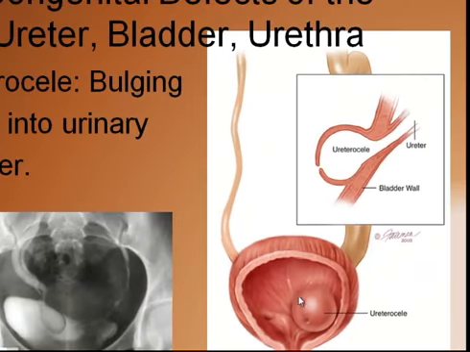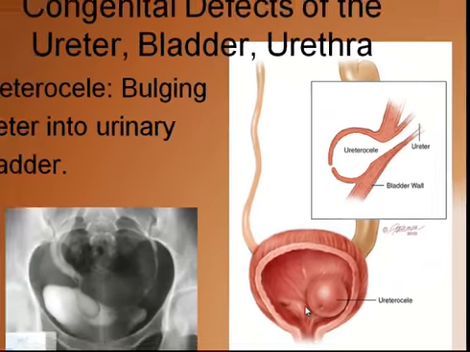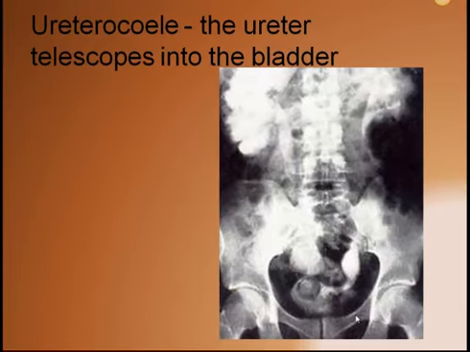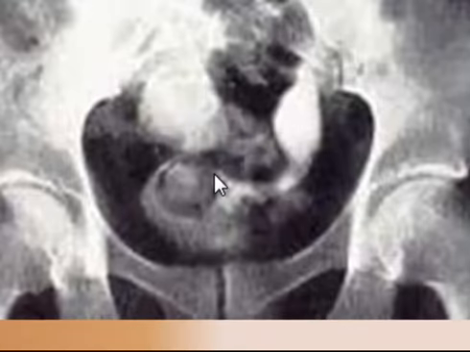So you can see on the graphic right there, it's almost like it's bulging through. That's the ureterocele. Okay. Now, here's another one. This is a pretty wretched looking image here, as you can tell, but you can see there's this bulging structure going in here that's really the ureter almost herniating into the bladder.